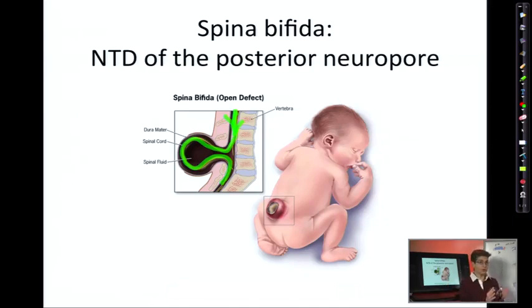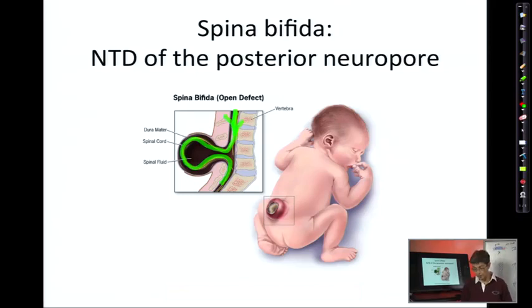But it is also important to know that there are a large number of people that have a much more mild case of spina bifida. And these individuals don't even know they have spina bifida, and there is no intervention that's needed. Typically, somebody will come in after maybe having some back pain or something, and they're taking a picture of this person's back to make sure that they don't have a slipped disc or something of that sort, and they say, oh, by the way, did you know that you have a mild case of spina bifida?